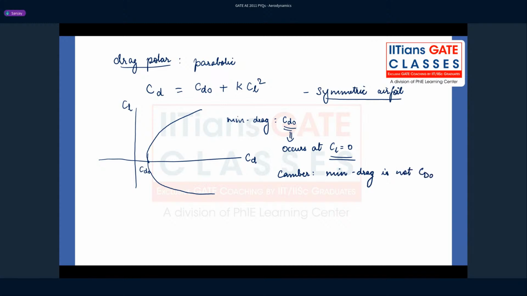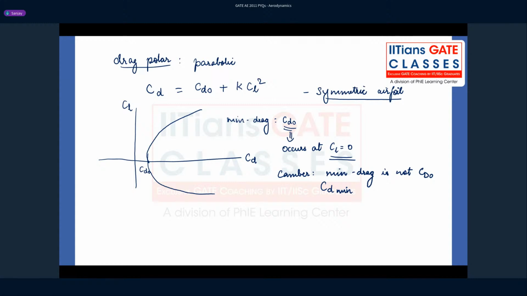The minimum drag is going to be even lesser than CD naught. It is going to be CD minimum. And where does this minimum CD occur? It does not occur at alpha equal to 0, but at some other angle of attack.